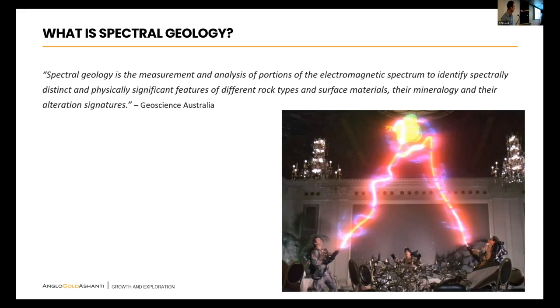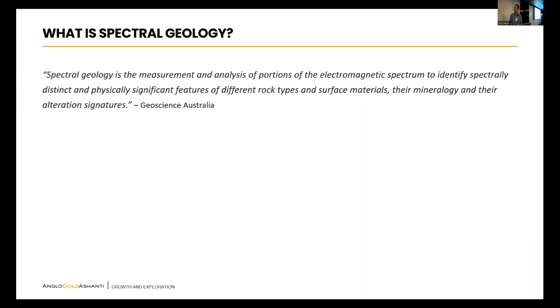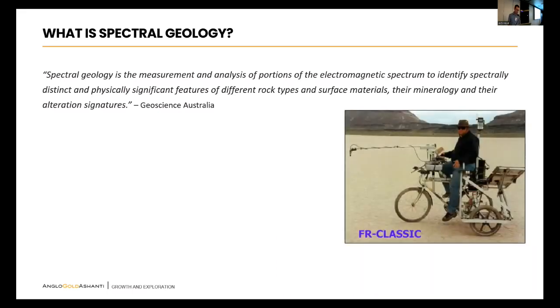Spectral geology is a measure and analysis of portions of the electromagnetic spectrum to identify spectrally distinct and physically significant features of different rock types and surface materials, their mineralogy and their alteration signatures. That's actually a pretty good definition, which is why I put it up there. So maybe spectral geology is a bit more like this: we're still zapping stuff, but maybe not so cool.